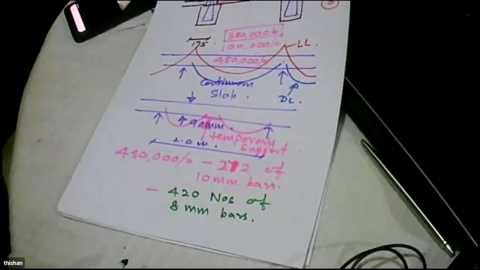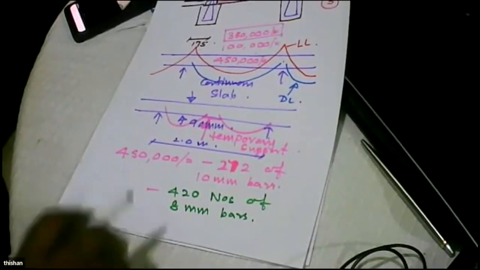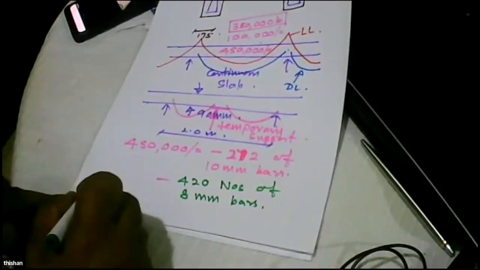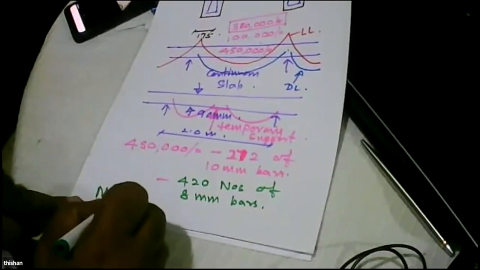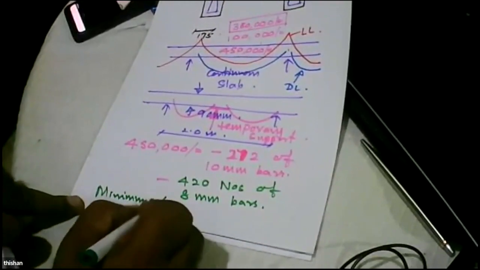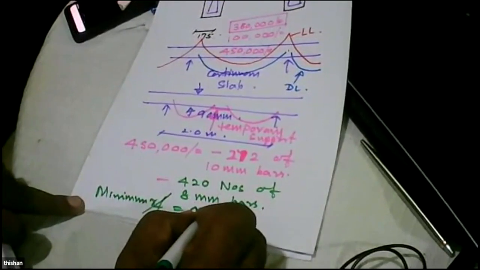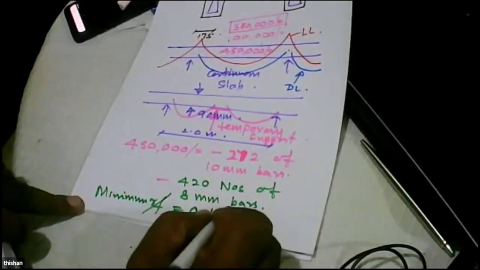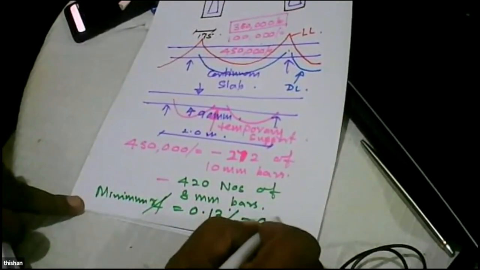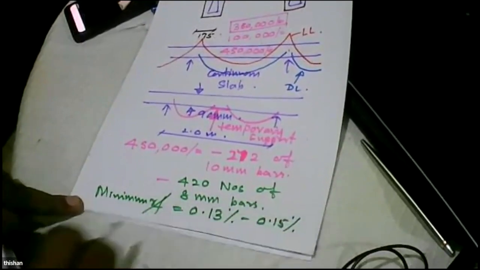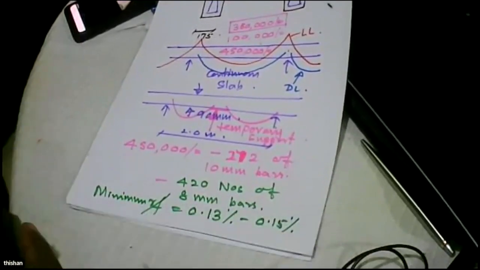Right. And then we have another requirement called minimum reinforcement. Reinforcement comes to about 0.13% to 1.15%. Now this minimum requirement is also not there. Why?